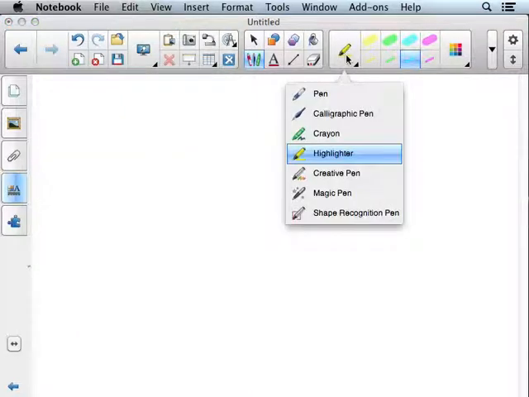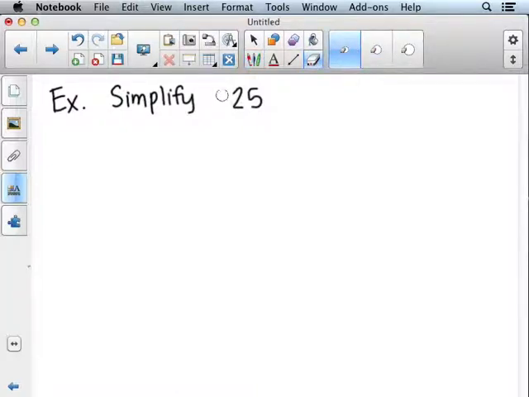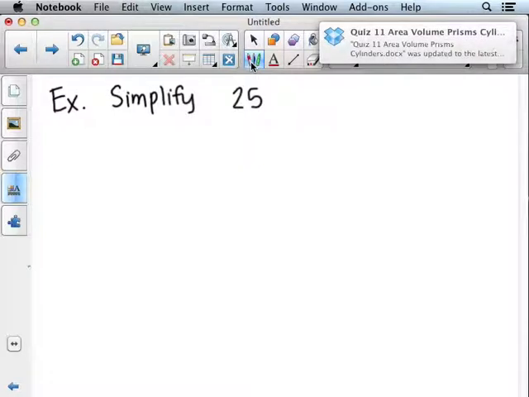So example number 2. This one says simplify 25 to the power of negative 3/2.